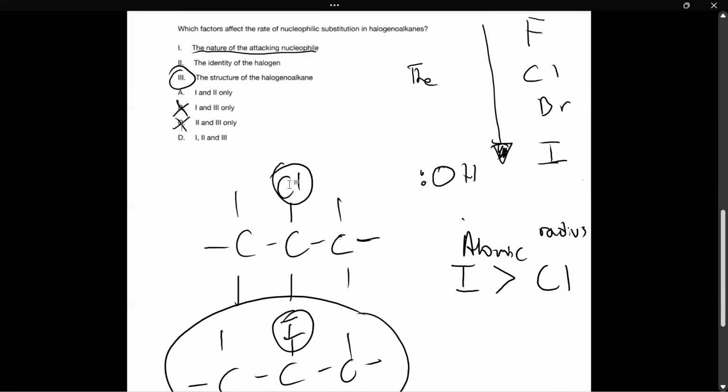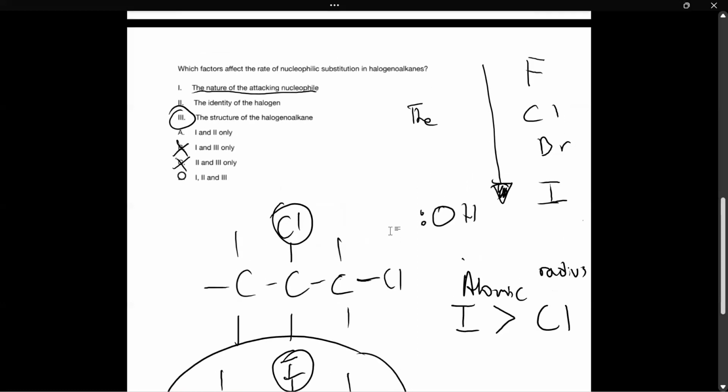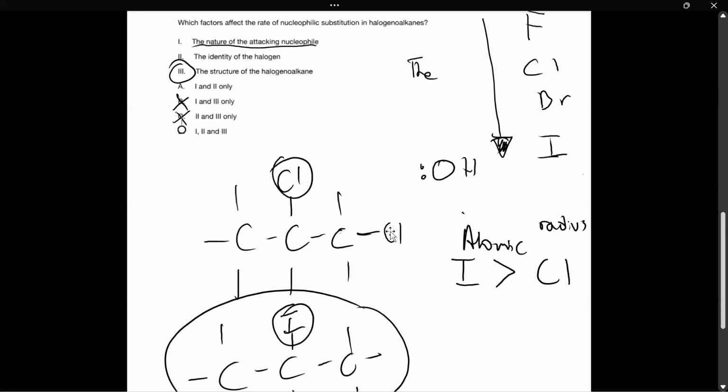If you have a primary halogenoalkane where the halogen is located on the first carbon, then the rate of nucleophilic substitution is going to be different. But if you have the halogen located on a secondary or tertiary carbon, then again the rate is going to be different. So the structure of the halogenoalkane does matter. Therefore, our answer is actually D.